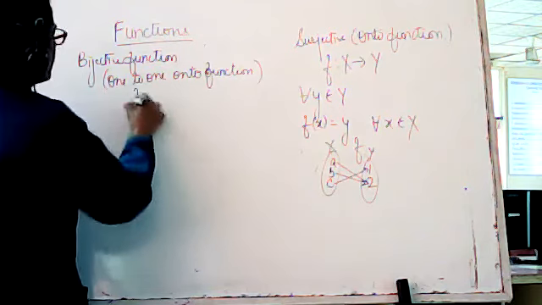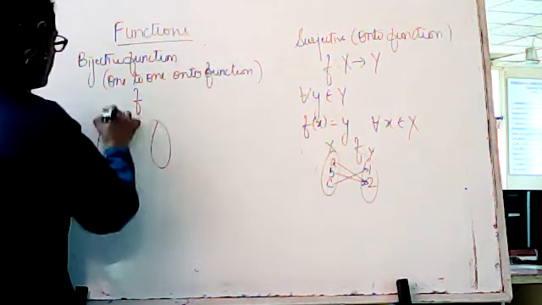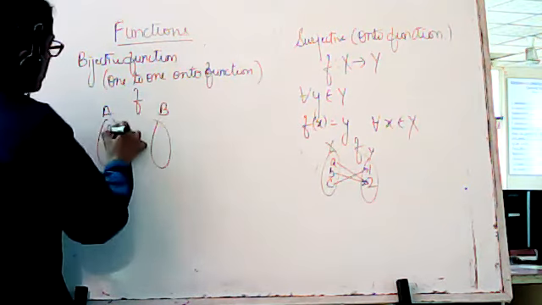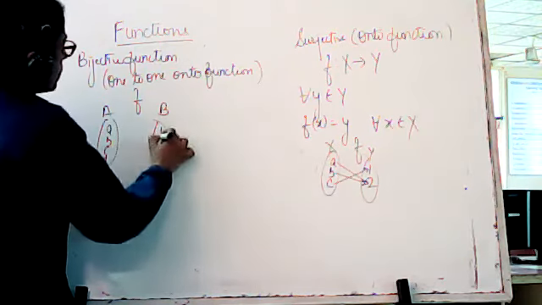For example, f is a function from A to B, with A B C D and 1 2 3 4.